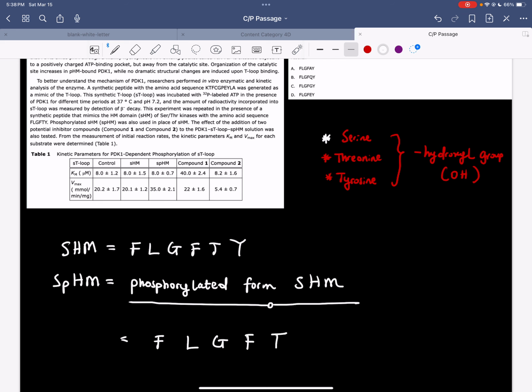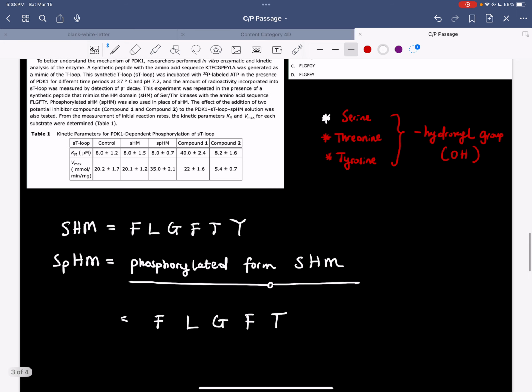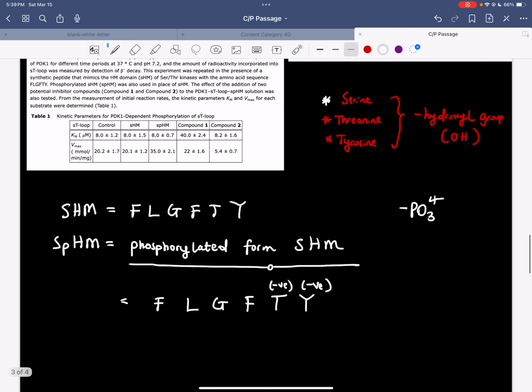T can be phosphorylated because that's threonine, so it contains negative charge because the phosphate group, PO4 with a negative charge, introduces negativity. Y can also be phosphorylated, also introducing negativity. So SPHM has an overall negative structure.